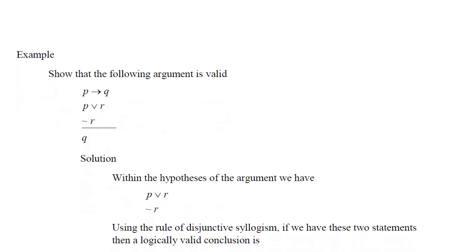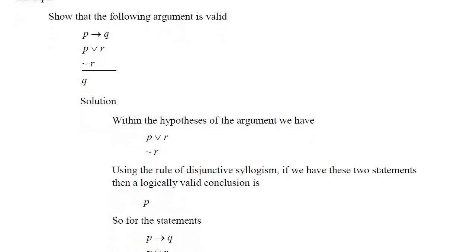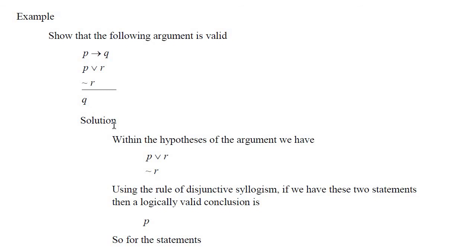Alright, so let's take a look at an example of using these. We want to show that the following argument is valid. If P then Q. P or R. Not R. Therefore Q. So here's our solution.